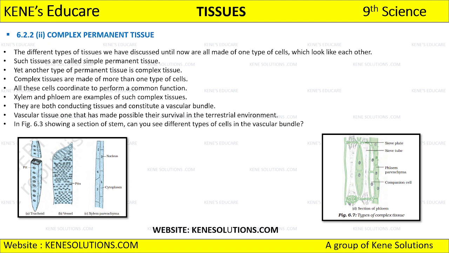I hope everyone is going through it. And you also have to go through the tracheids, vessels, and xylem parenchyma, because these are the parts of xylem, right? And the phloem has the sieve tube, sieve plate, phloem parenchyma, and companion cell, right?